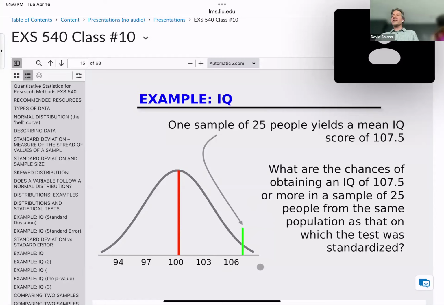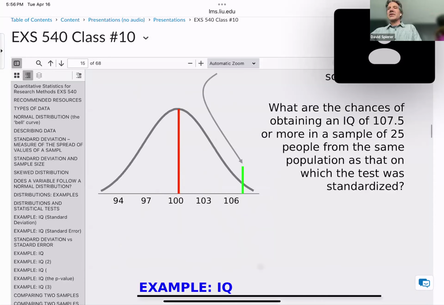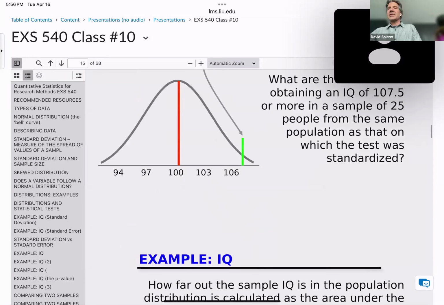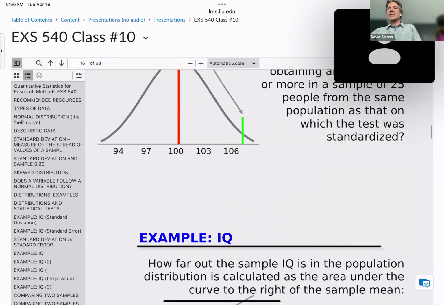If you're going to look at the chances, then you're going to look at how the sample mean, meaning the average of the entire sample, minus the population mean, over the standard error. This is the equation that's going to give us how far out on the standard distribution we are.